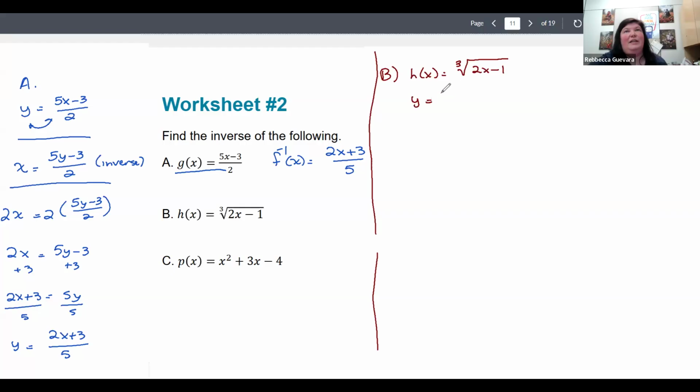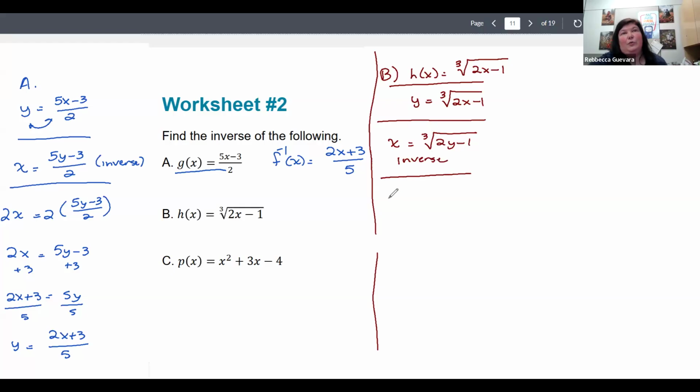So we just make that y equals the cube root of 2x minus 1. Then we just flip the domain and range. So we have x is equal to the cube root of 2y minus 1. That is our inverse relationship, and then we just start solving for y.